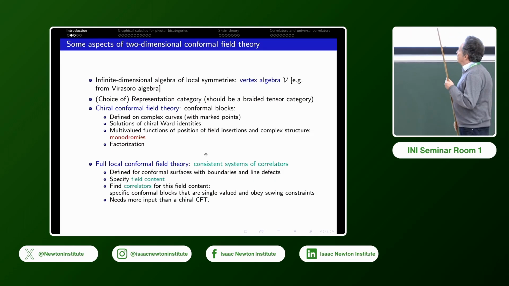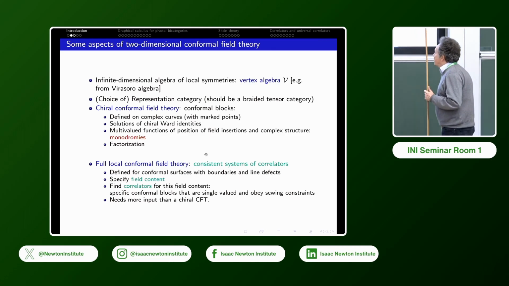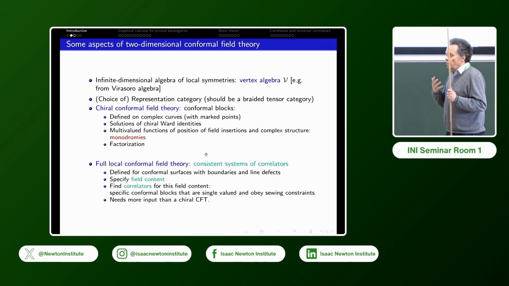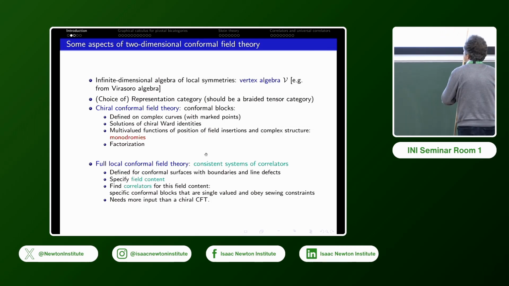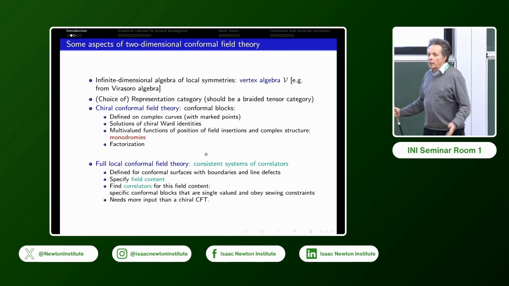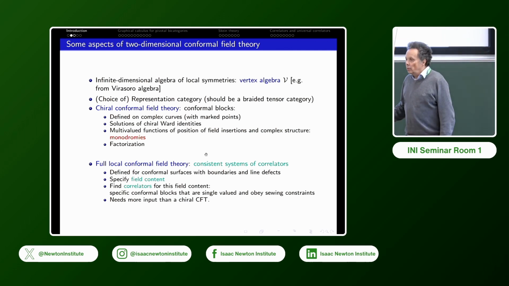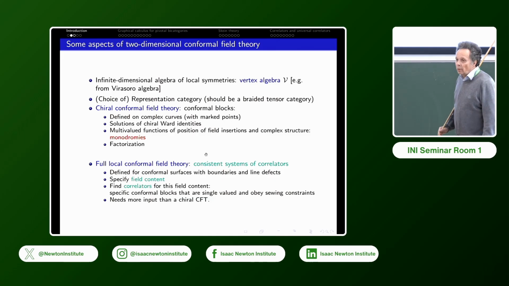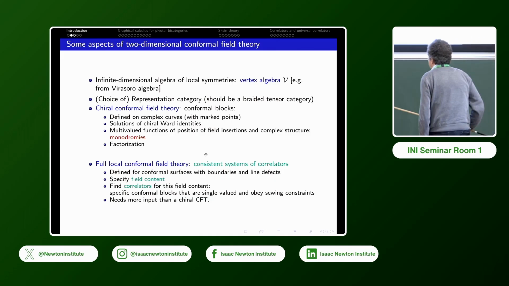But a local CFT, as we have seen it in several talks in this conference, is not just a system of conformal blocks. It means you want to determine correlators, correlation functions, but you want to do a bit more. I think in modern times, you want to consider it on surfaces with boundaries. You want to consider line defects. You want to do this not just because this is the title of the conference, but because it gives insight.